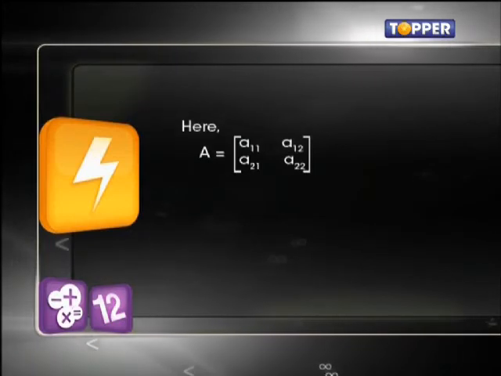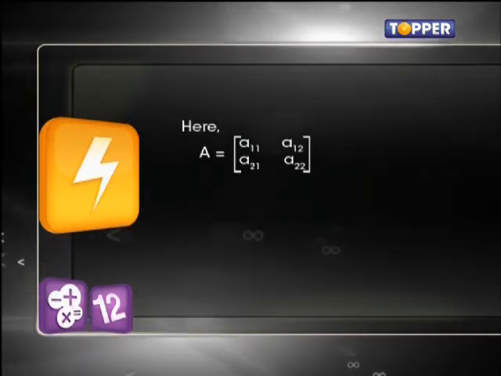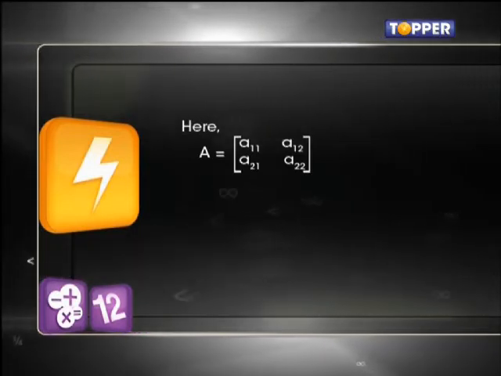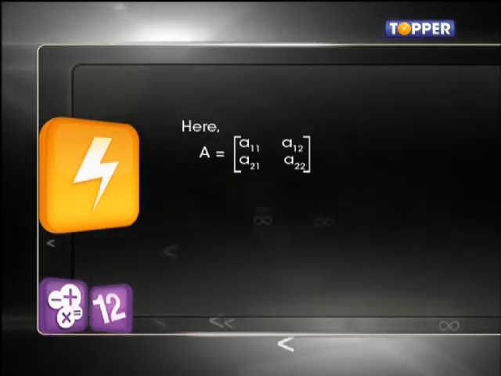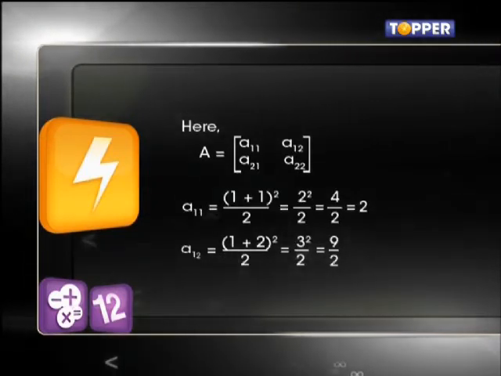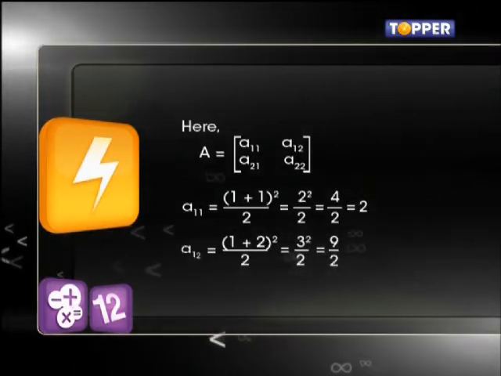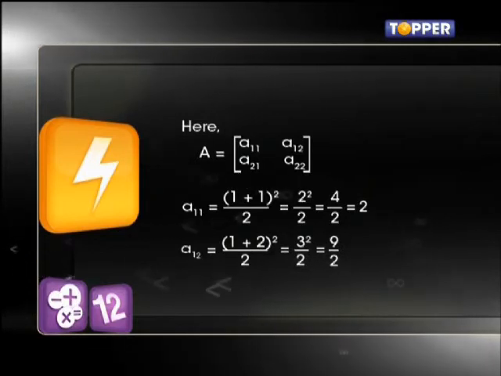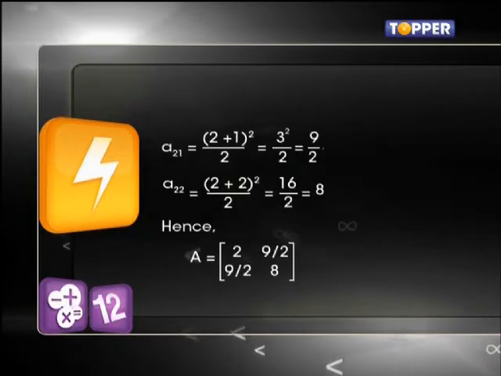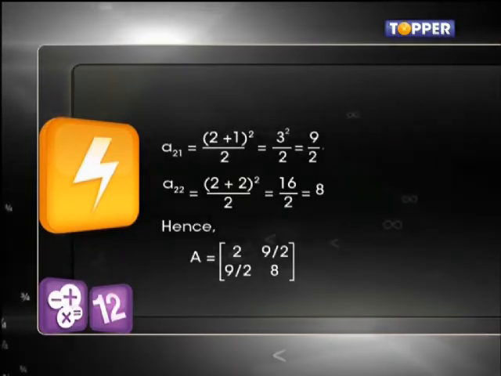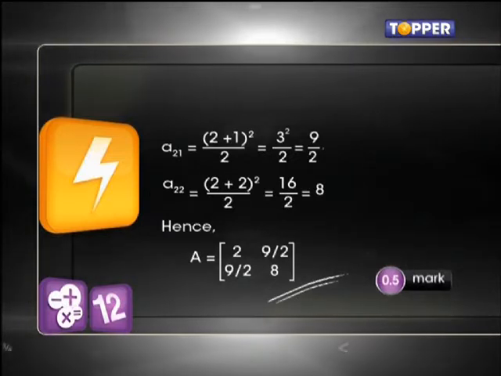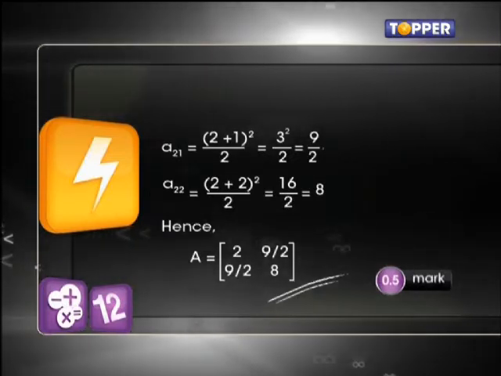So, the elements for a matrix of 2 into 2 is given by A11, A12, A21 and A22. Now, let's find these elements by the given relation aij. We find that the required matrix A is 2, 9 by 2, 9 by 2, 8. Well done for getting this conceptual solution right.